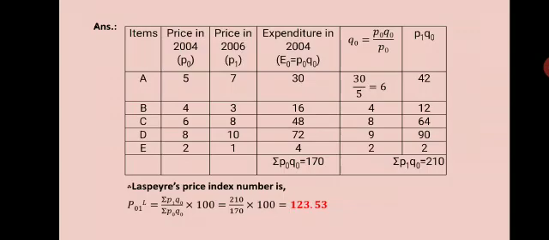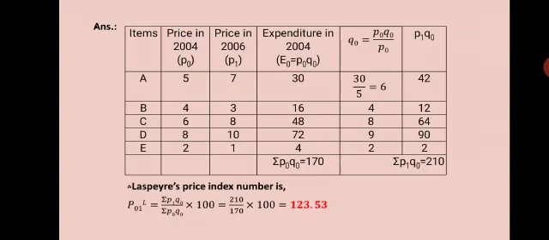Then we need to find P1 into Q0, that is current year price into base year quantity. That is 7 into 6 we will get 42, 3 into 4 you will get 12, 8 into 8 you will get 64, then 10 into 9 you will get 90, and the last is 1 into 2 you will get 2.